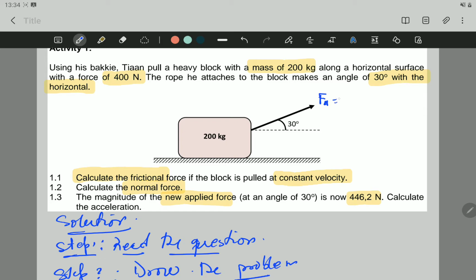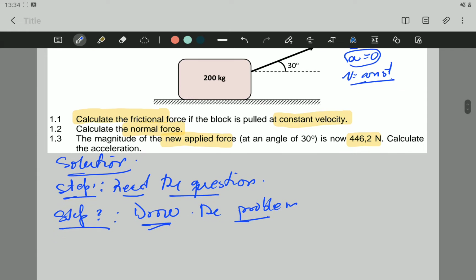The applied force is equal to 400 Newton, and then when the applied force is 400 Newton, then the acceleration is 0. How do I know the acceleration is 0? Because the velocity is constant. It says there the velocity is constant, so the acceleration is 0. This is some information that we just add there to the picture.